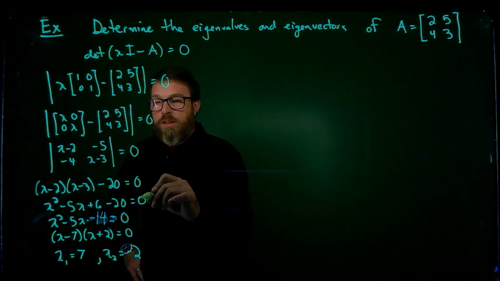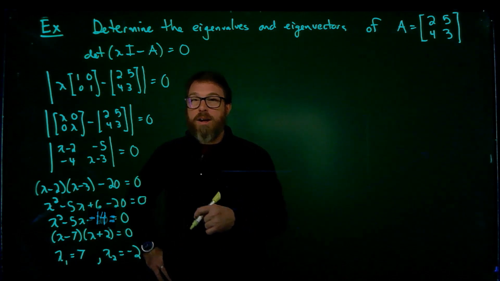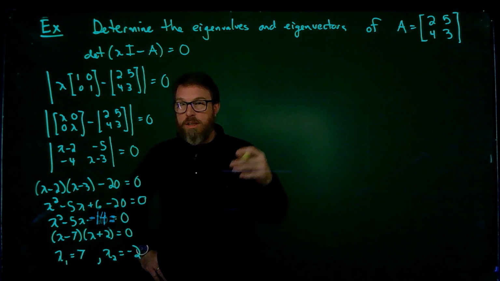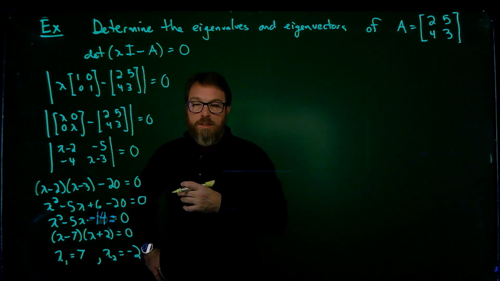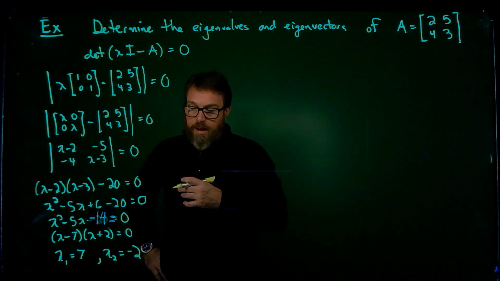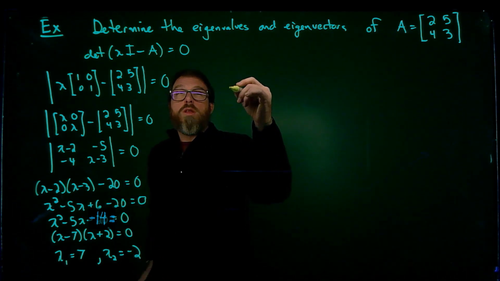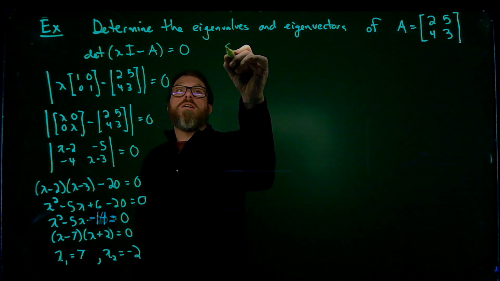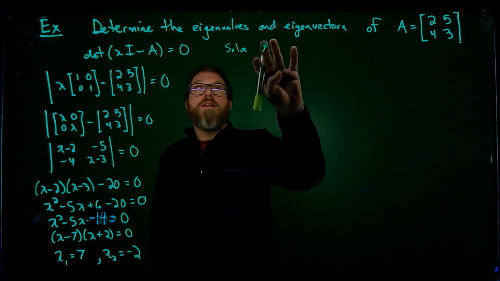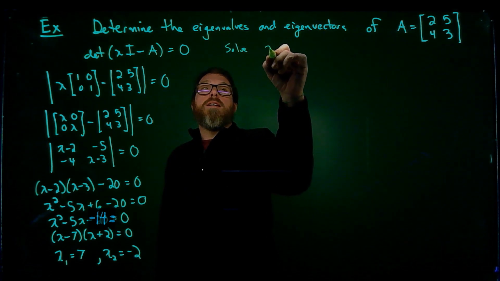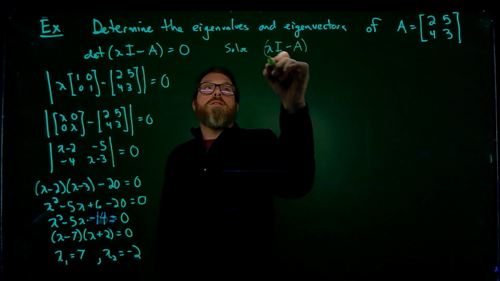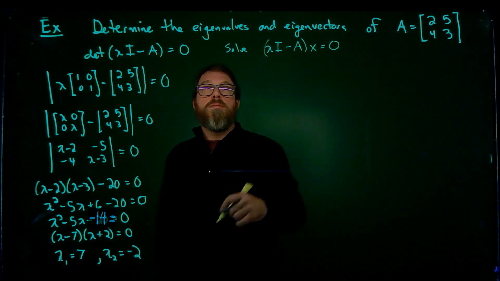Now we're going to use these to find our eigenvectors, and you can see why we wanted this, because it's going to give us a system of equations that has infinite solutions. And let's show you. What I want to solve is lambda I minus A times x is equal to 0.